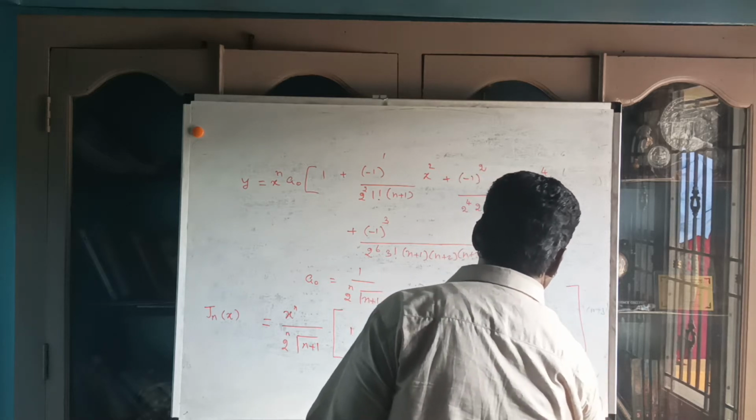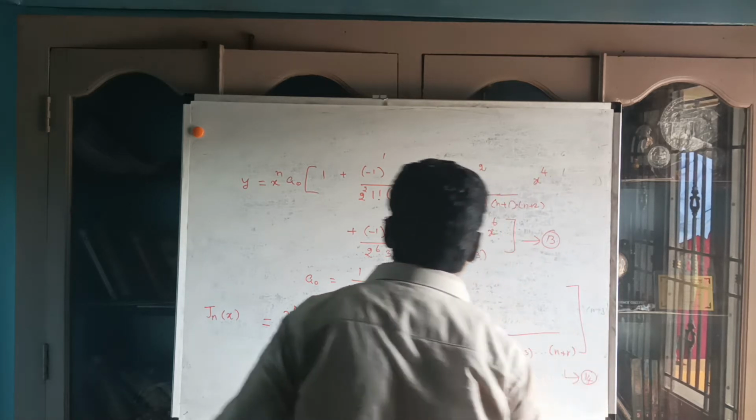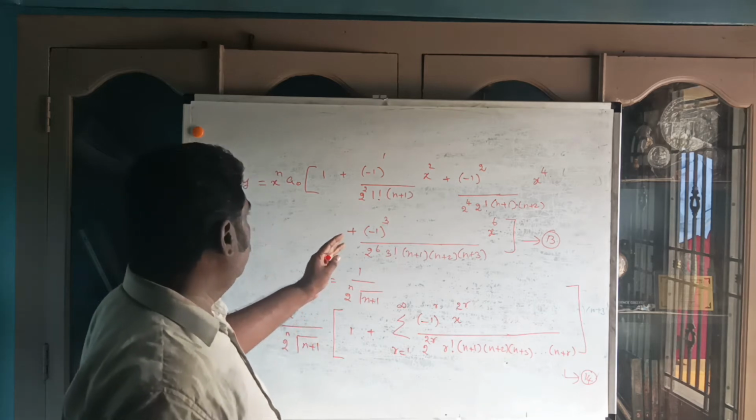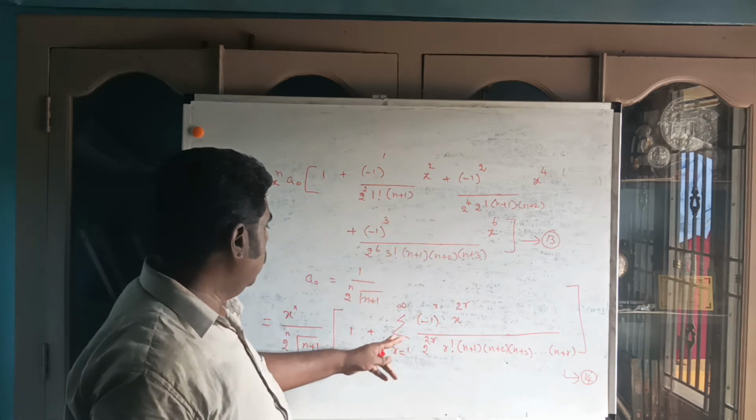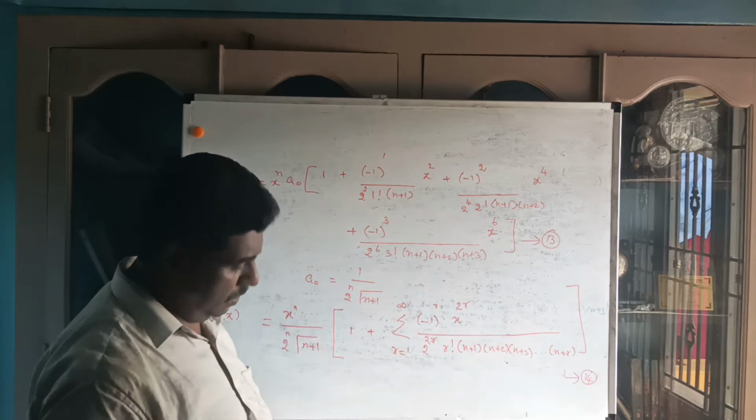This is equation number 14. That means the terms available beyond 1 are expressed in terms of the summation.